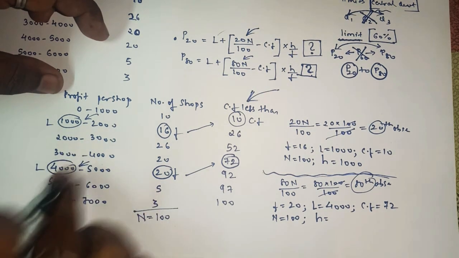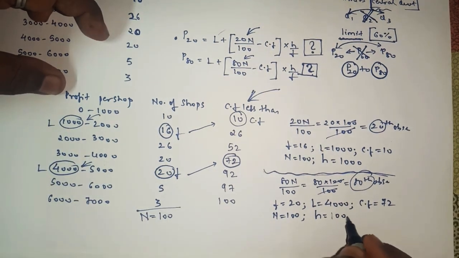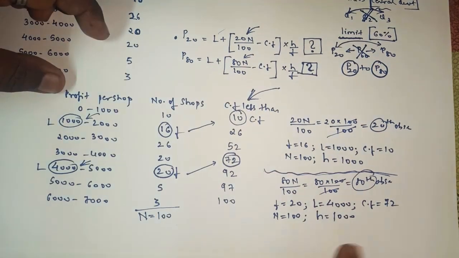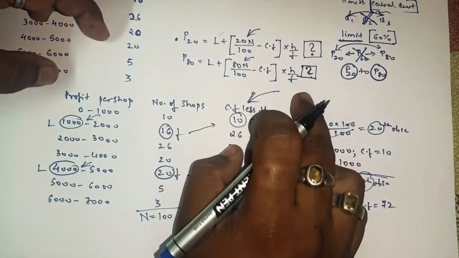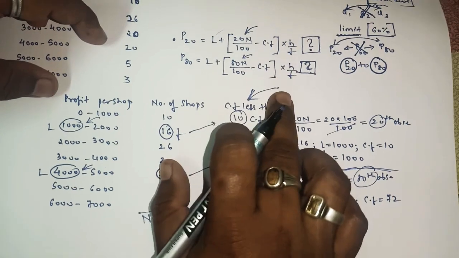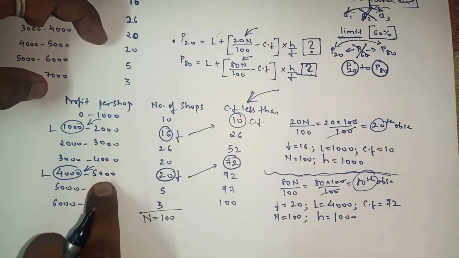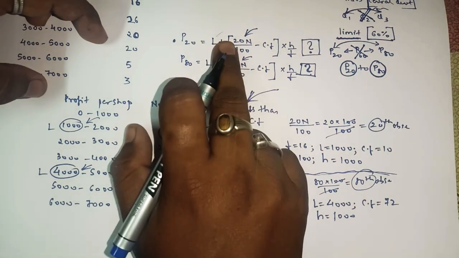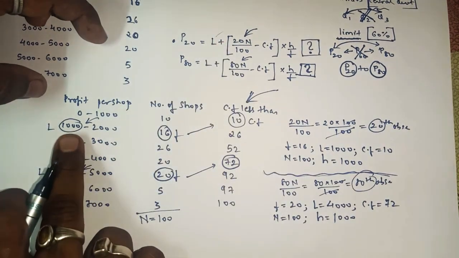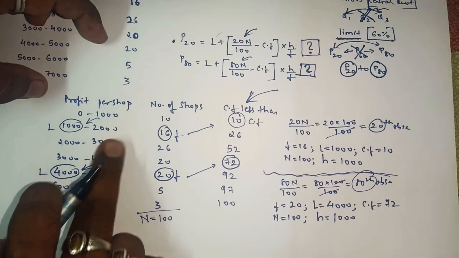Yes or no? The width of the class is 1000. Now you will write the formula, substitute the value, you will get the answer. After getting the answer, simply you have to check the final answer of P80 should lie between these two. And the P20 value should lie between 1000 to 2000.